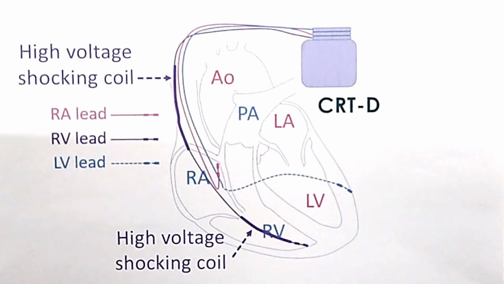So this is a combo device combining defibrillator, implantable cardioverter defibrillator, and cardiac resynchronization therapy. Obviously, it will be costlier, and the battery capacity needs to be higher, and battery life will be lower if defibrillator shocks are being given in between.